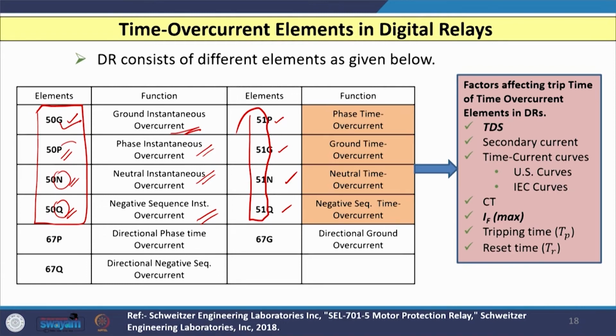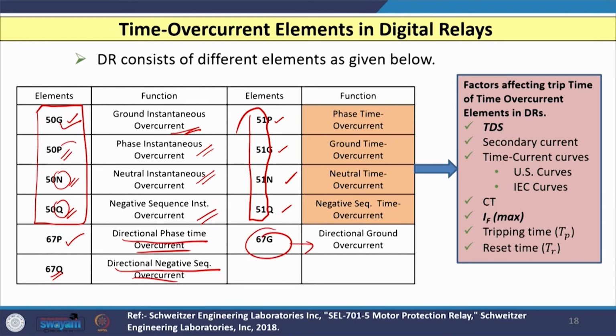Other than these 8 elements, we have the 67P element, which is meant for directional phase time overcurrent, the 67Q element, which is meant for directional negative sequence overcurrent, and 67G is also there for directional ground overcurrent element.